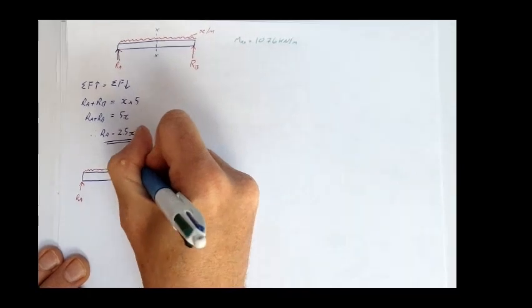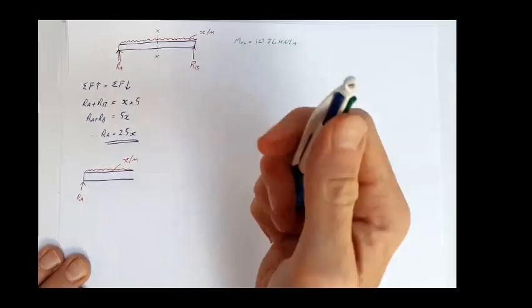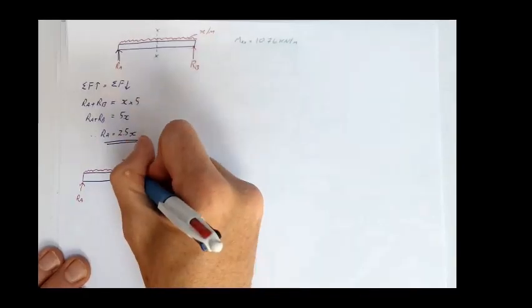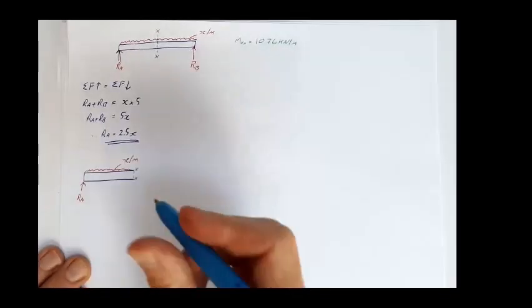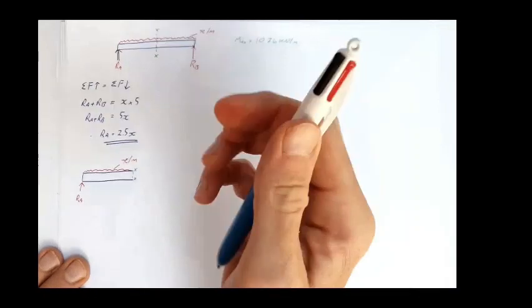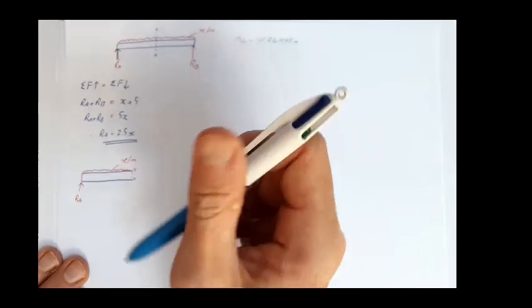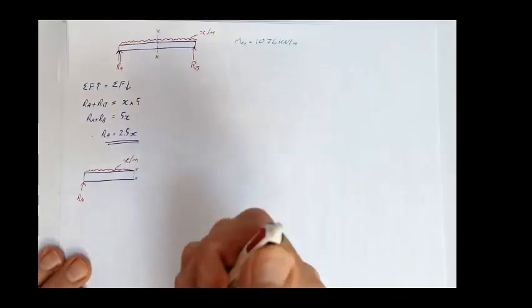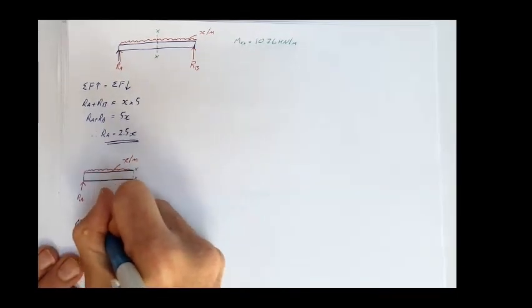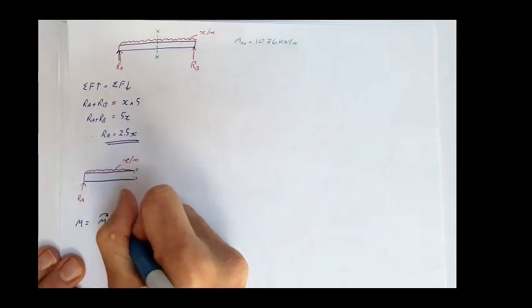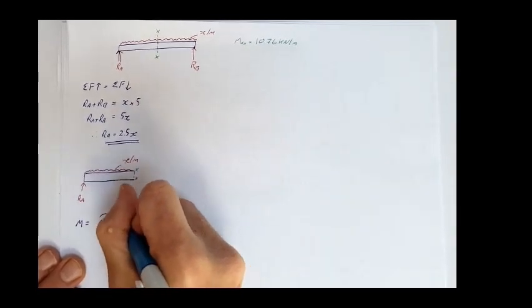We're in the center of the beam, at this position here, XX. Looking left, what do we see? My moment is equal to my clockwise moments minus my anti-clockwise moments.